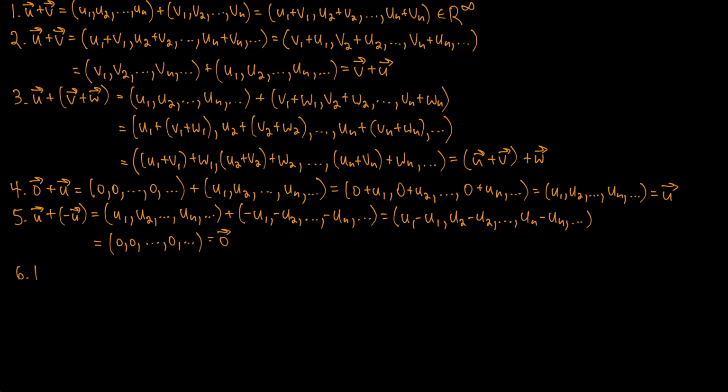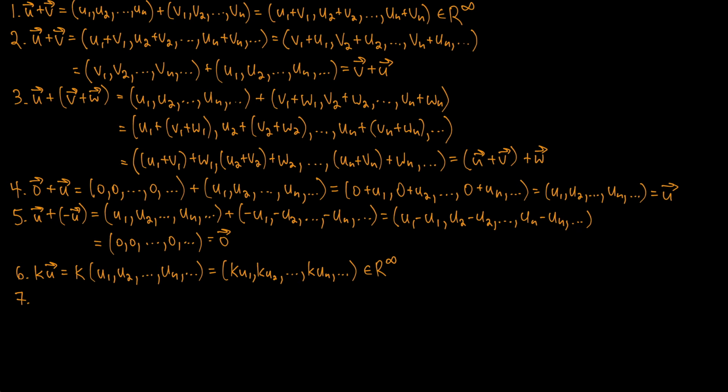Let's do number 6. So let's take a constant times u. Well, that's just going to be k times u1, u2, through un, and so on. So we'll distribute the constant. We'll get ku1, ku2, kun, and that's in R infinity because each of the components is a real number.